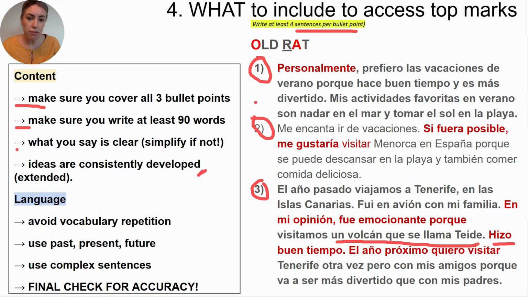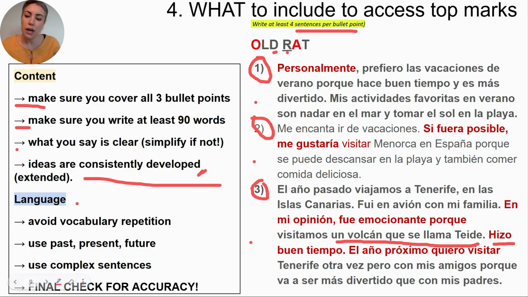Yes, in every paragraph, I gave opinions and then a reason. So I gave the reason. I developed by giving examples or by saying 2 things. Mis actividades favoritas son, and then 2 things. Okay. Never stop at the bare minimum. All right. So with this, you could access the 9 to 10 marks band, okay, which is really good.